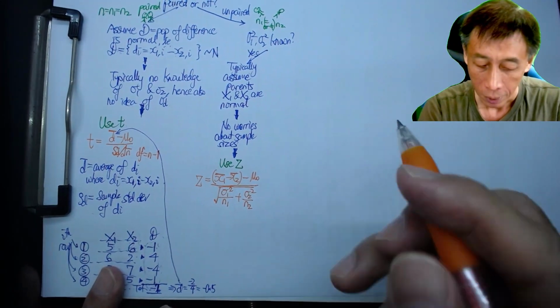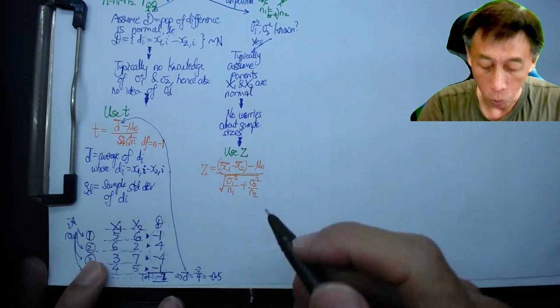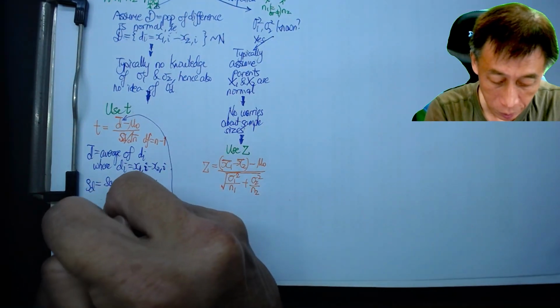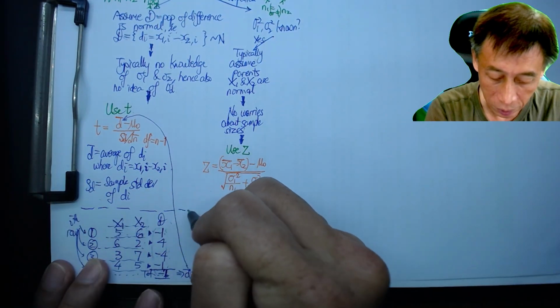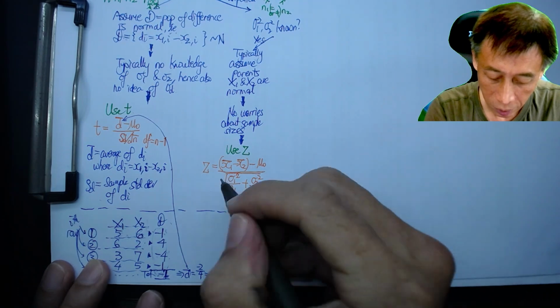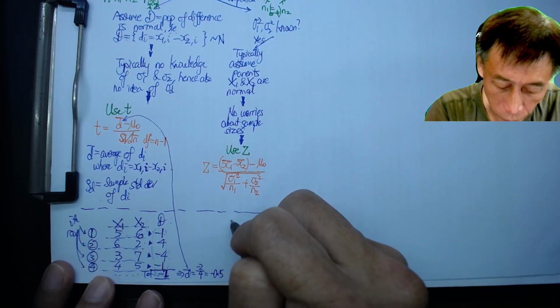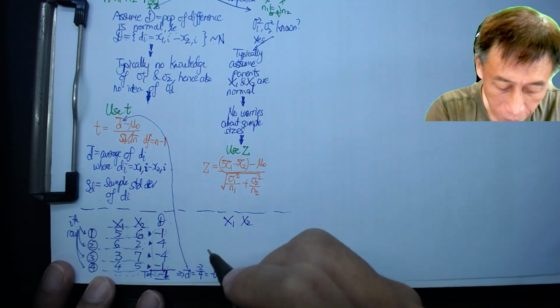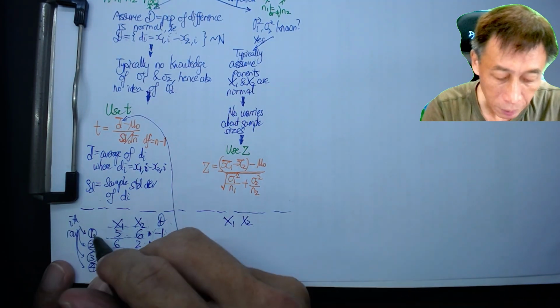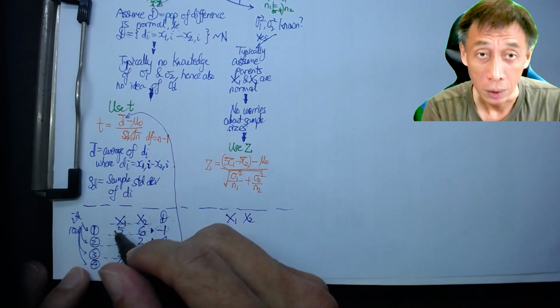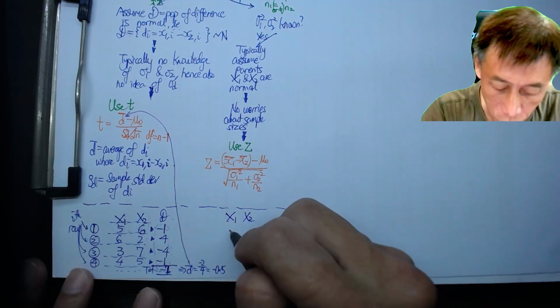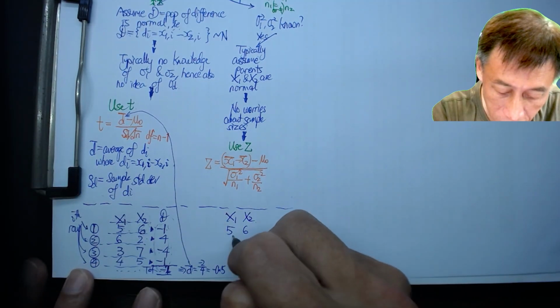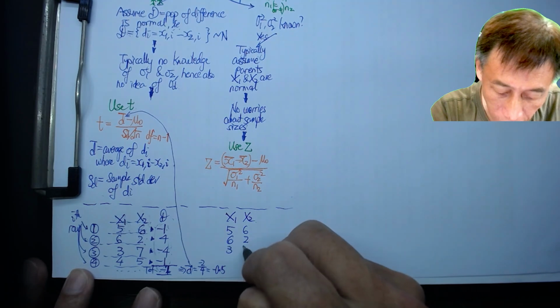Why don't we also extend this little sampling activity towards here. We will write down x1, x2 quickly. This time there is no need for labeling the first pair, second pair. So we have 5 and 6, 6 and 2, 3 and 7.